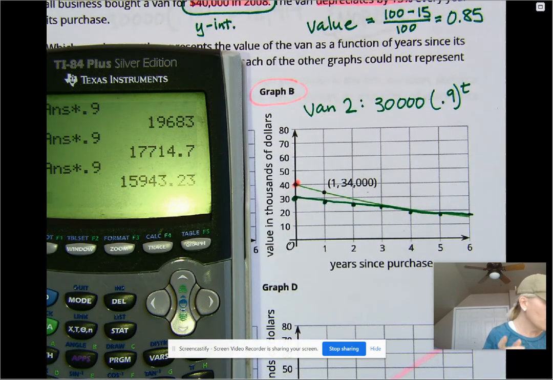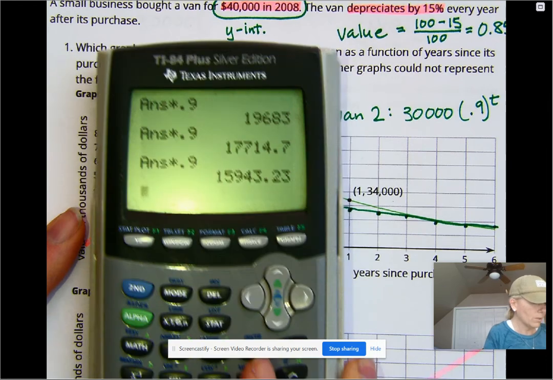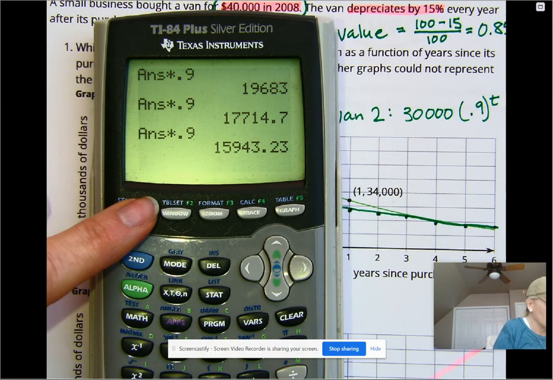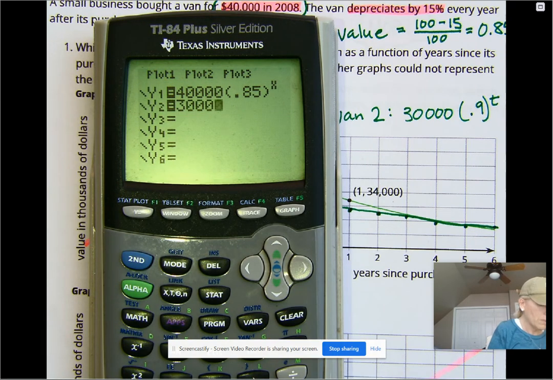All right, but for your entertainment, I will put both functions on my graphing calculator. So the first function is going to be 40,000 times 0.85 to the x. And the second one is 30,000 times 0.90 to the x.